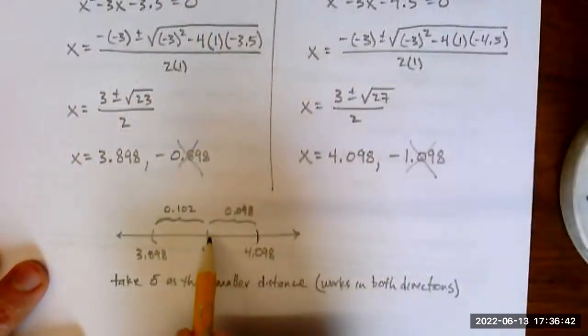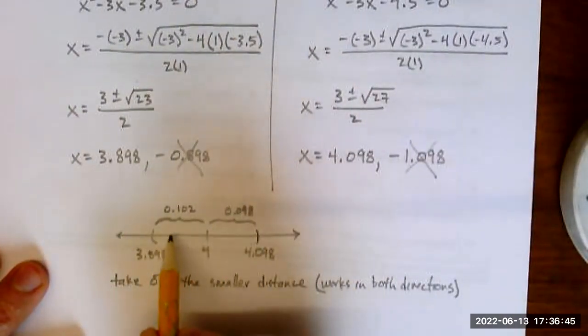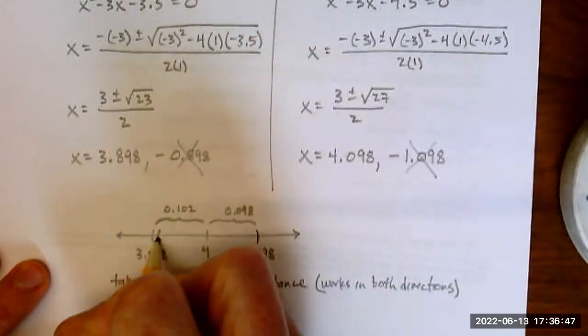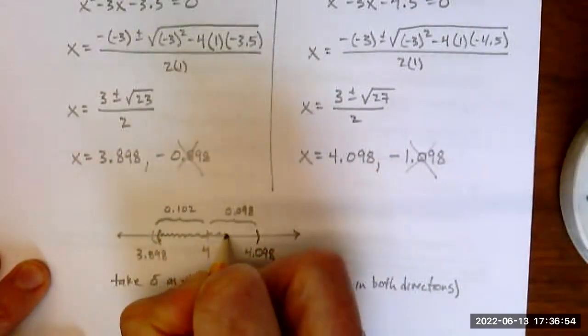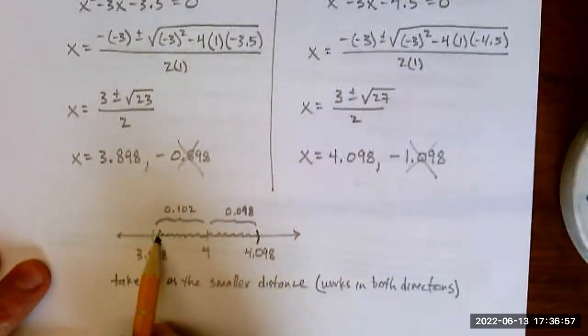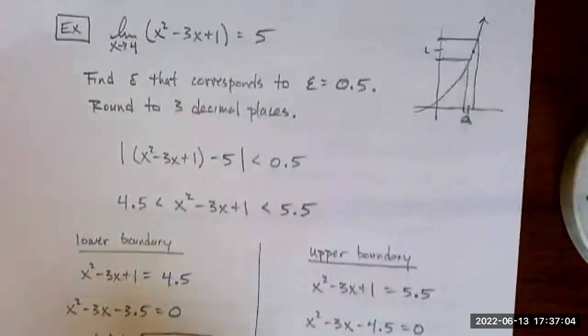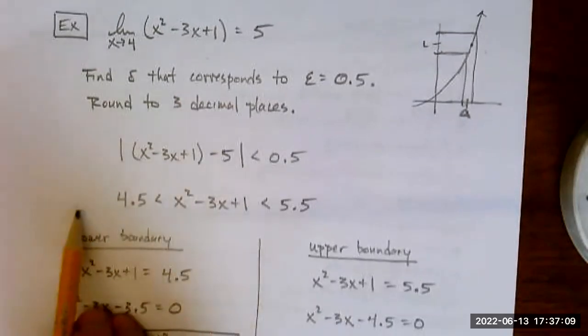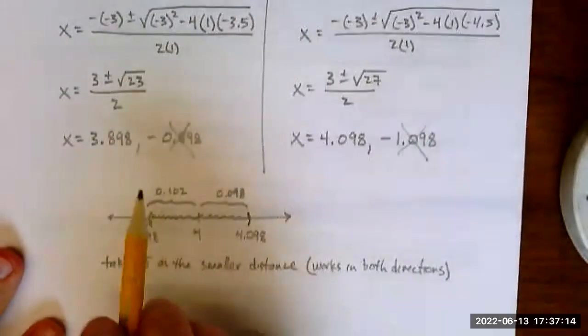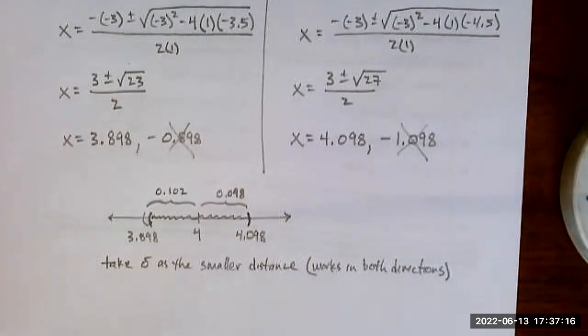And on the lower side, you're not going to get the entire portion there, but you're going to come up just a little bit shy. And that's okay to only go 0.098 in this direction, because that's still going to land you greater than 4.5, right? You did not pass below it.